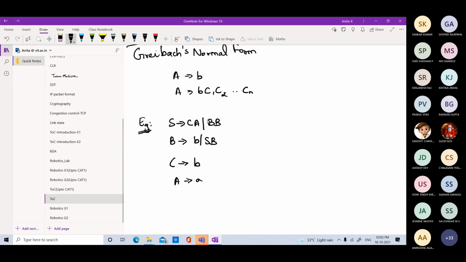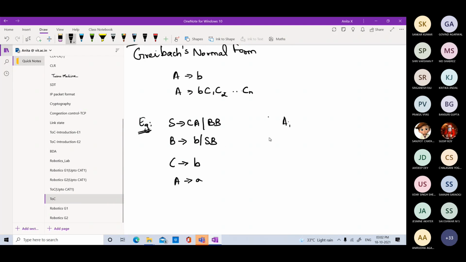Leaving aside the first two steps of simplification and converting to CNF, the first step is that we have to rename all the non-terminals into some Ai, where Ai is in ascending order.